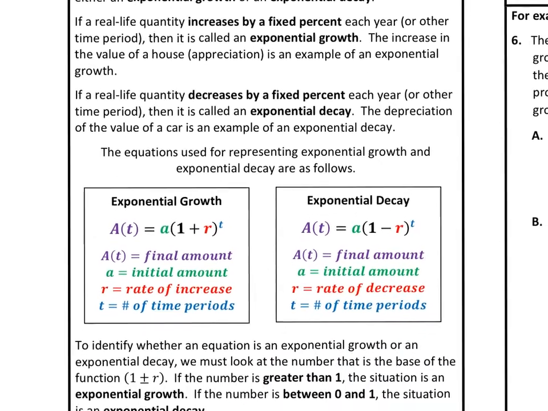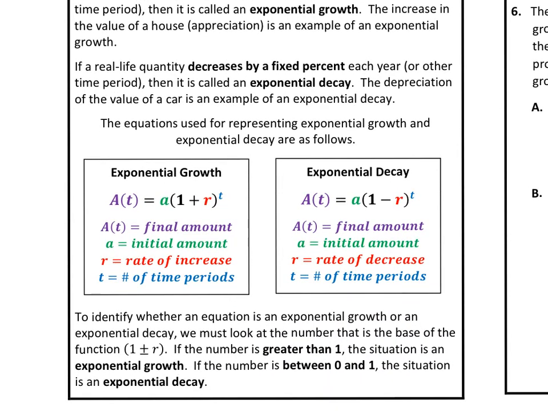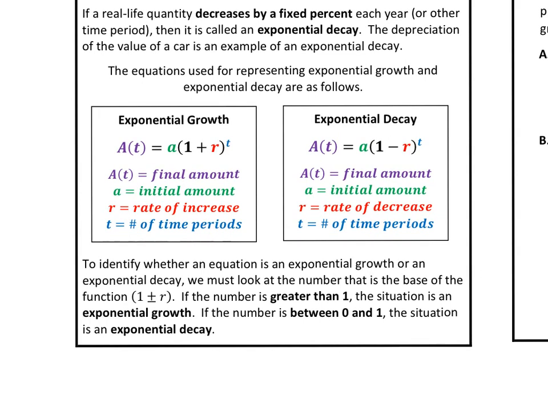And then at the bottom of this page, I have two formats or two equations that we'll see. We have an exponential growth equation and an exponential decay equation. And I've outlined here what the different variables of the equation represent and color-coded them. So if I want to know my final amount, let's say initially I bought a house for a certain amount, and that house has an appreciation rate of r, and t represents time.